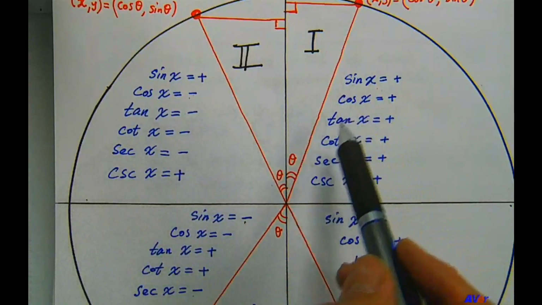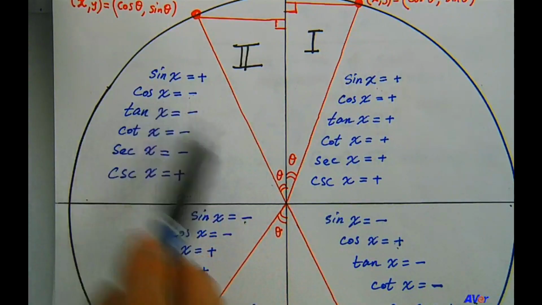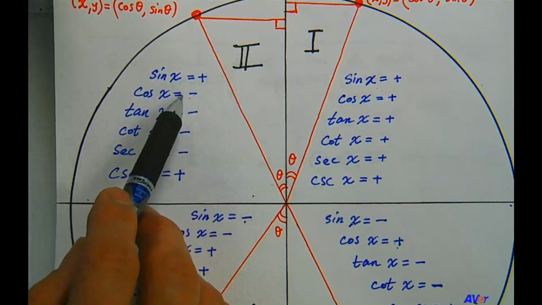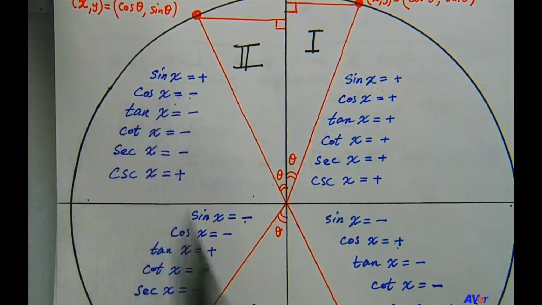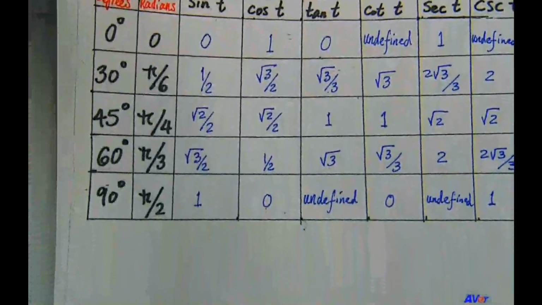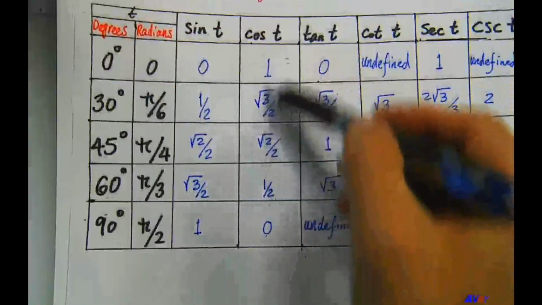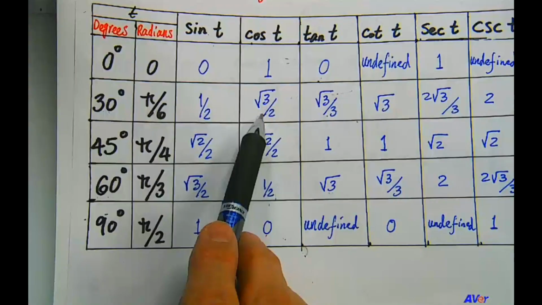if the answer is negative, that angle has to be in the second quadrant, where cosine is negative. But from the table of special trigonometric values, for the cosine, look at that, square root of 3 over 2, right?